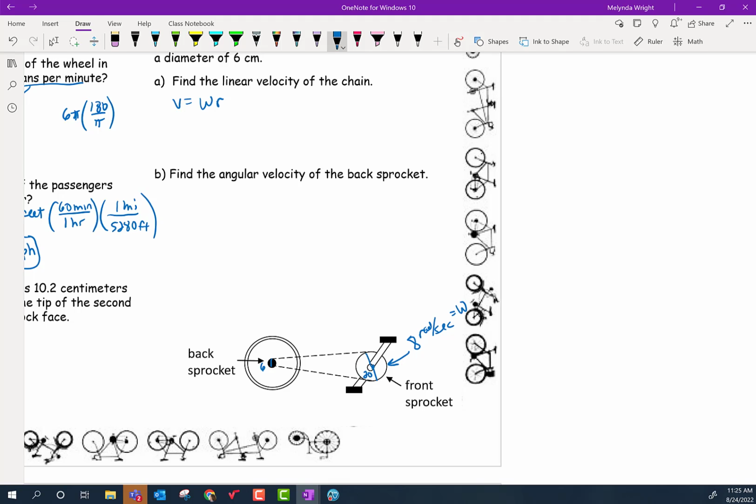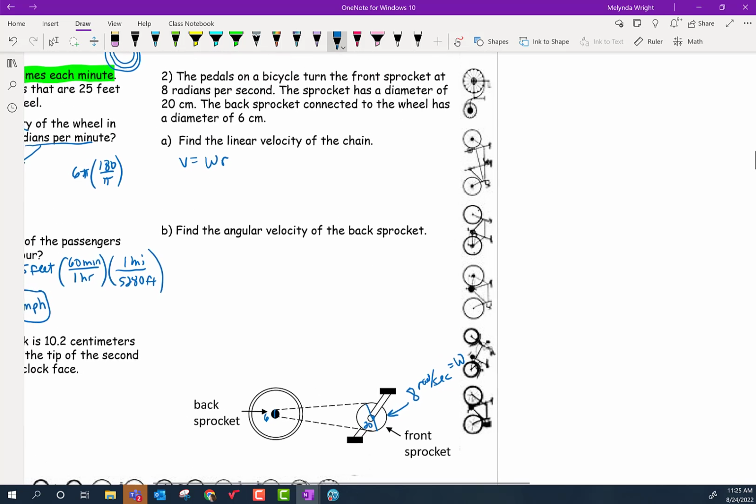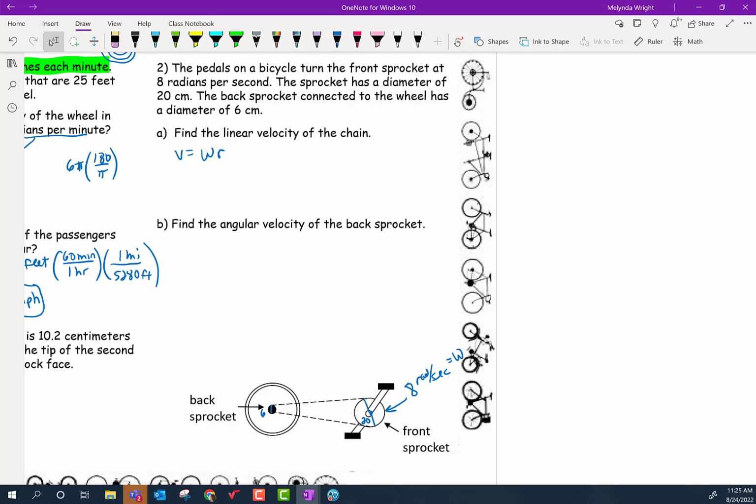We've got 8 radians per second. And so our linear velocity is going to be 8 radians per second, and we don't include a pi. They didn't include a pi. It's just 8 radians. Don't put a pi in there. 8 radians per second, and we know its radius, and we want the chain.